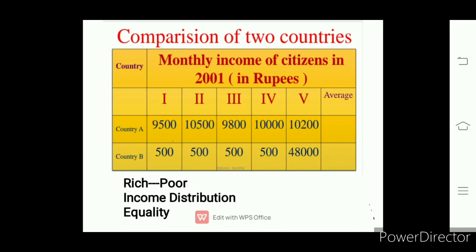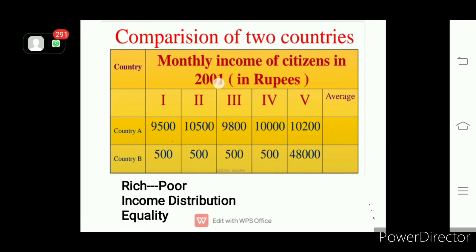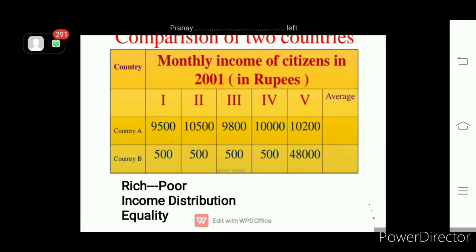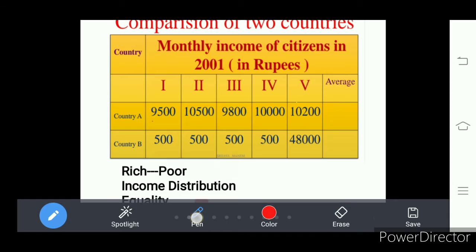Here we will go through one example. Look at this slide. What do you see here? Here is a table showing monthly incomes of the citizens. How many countries are shown here? Two countries are shown here. One is country A and another one is country B, right?